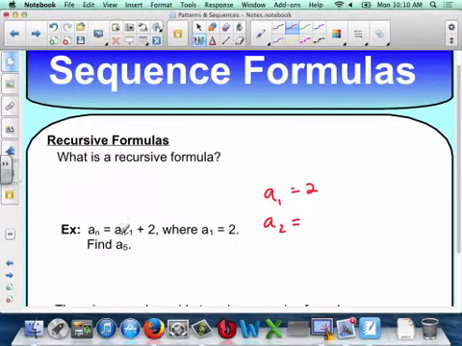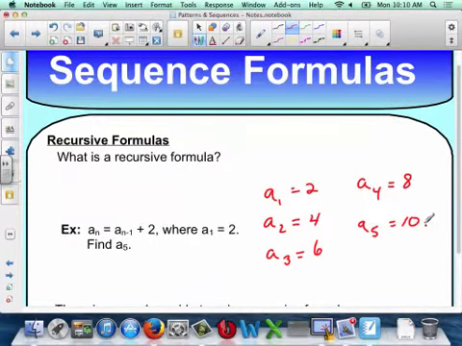You add 2 to it, so 4. Then 6. What is A sub 3? 6. What is A sub 4? 8. And what is A sub 5? 10. Now we finally got to our point.